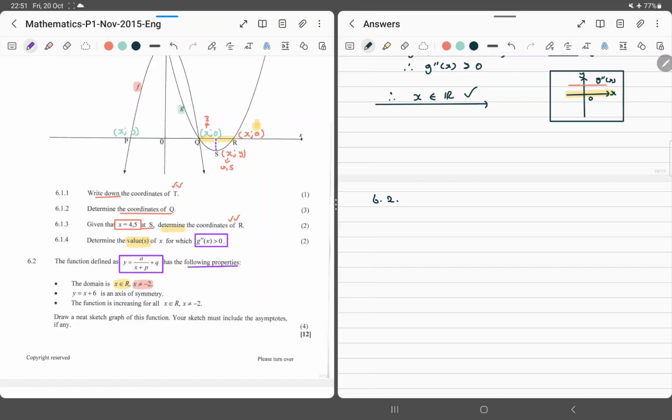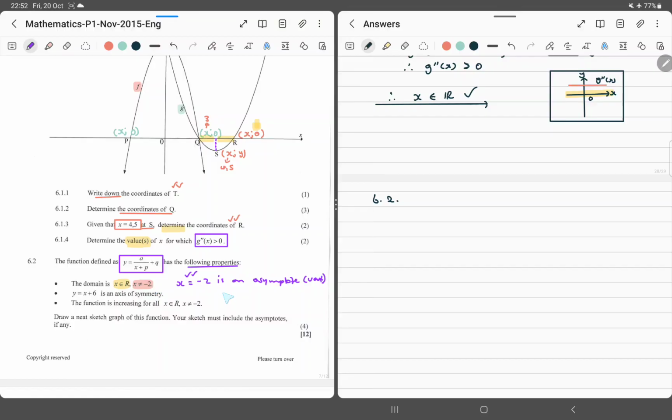So what does that mean? This means x equals minus 2 is an asymptote. And which type of asymptote is it? A vertical asymptote. So this is already saying that we've got an asymptote at x equals minus 2.